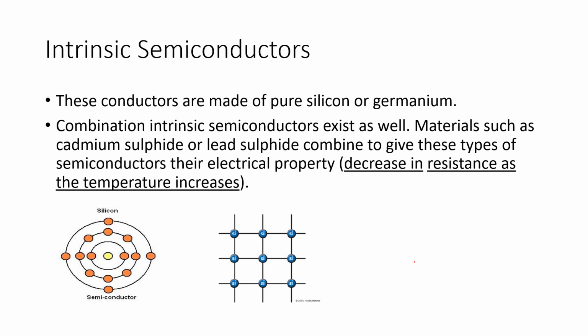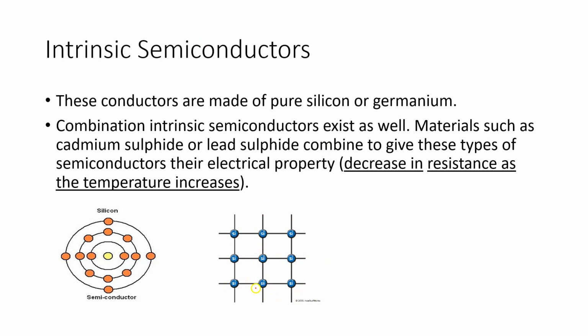But in this case, when we say intrinsic, intrinsic just speaks to the pureness of the element, meaning that it's completely silicon. So as you can see right here, if I were to have a lot of silicon combined together, then this would speak to being an intrinsic semiconductor, right?